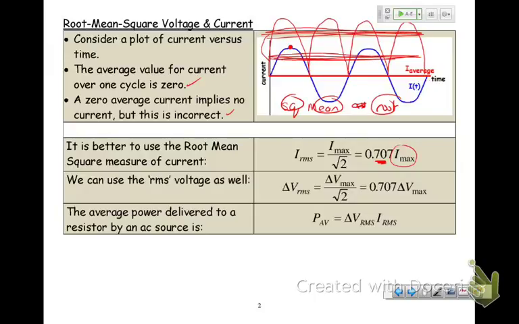And this is why it's important. If I have a resistor and I have an AC power supply, so here's my AC power supply, then I'm going to dissipate energy. There's going to be a power loss associated with that resistor. Power is equal to IV. Yeah? If your average current is 0 and your average voltage is 0, that's not the right answer.